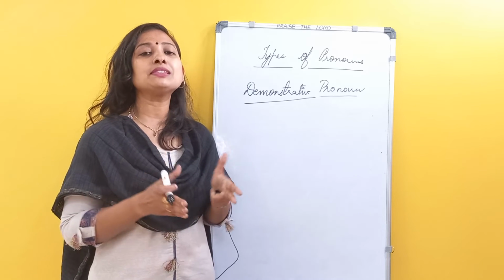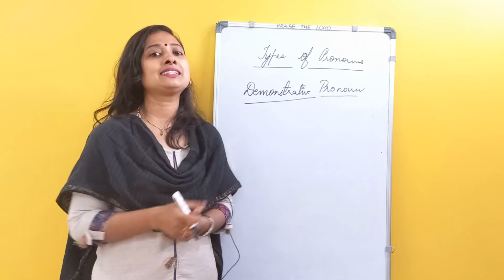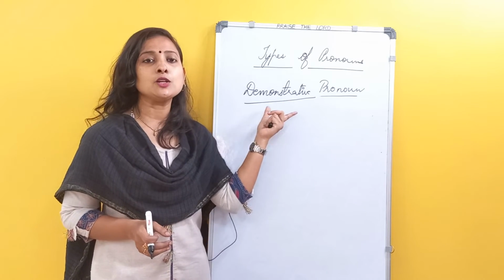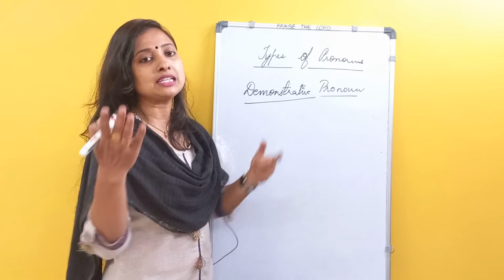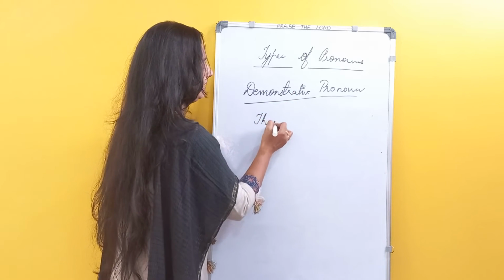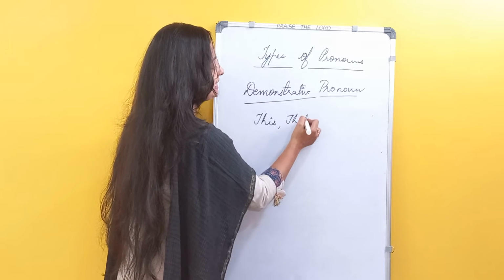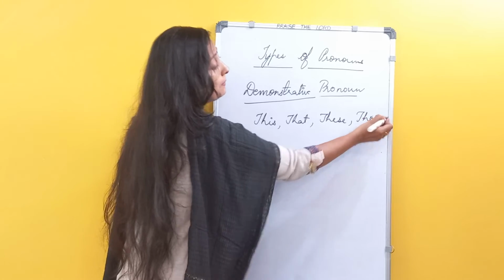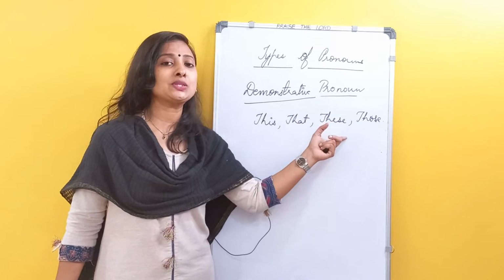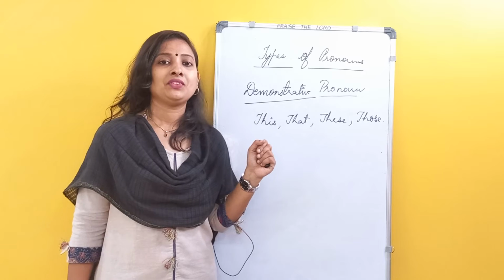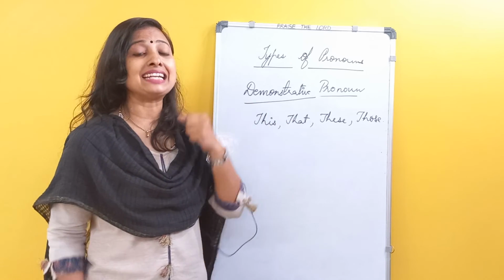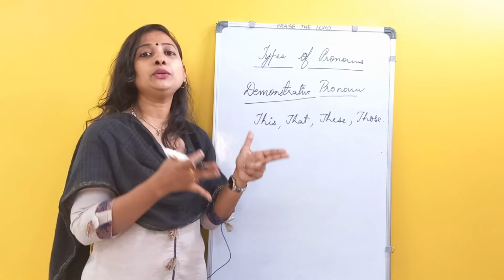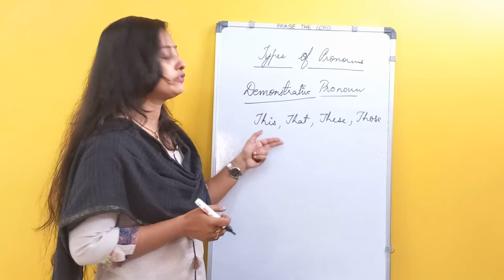Demonstrative pronouns are used to show what it is. Generally these demonstrative pronouns are only four: this, that, these and those. But these four words are even used as adjectives. But when are they used as adjectives, and how are they used as demonstrative pronouns? I'll just tell you a few examples.